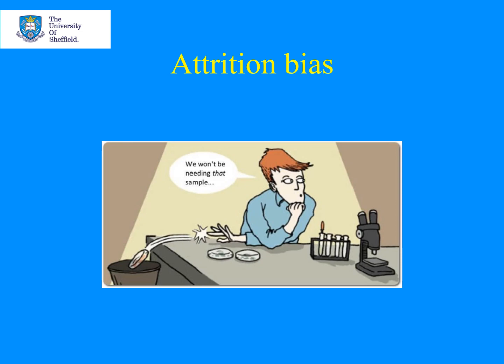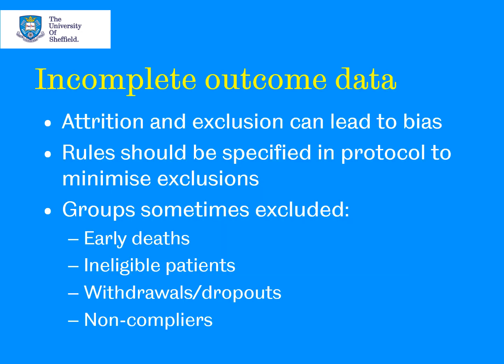Attrition bias, we've already flagged that up in the process, and so if there's a marked difference in how the outcomes are measured and followed up, then we have not just an incomplete picture, which we could compensate for statistically, but a bias or skewed picture where we are unable to quantify the extent of the bias.